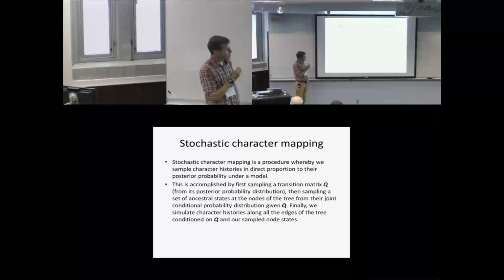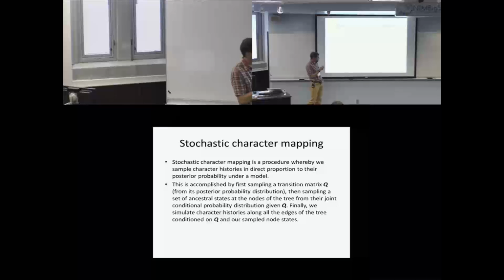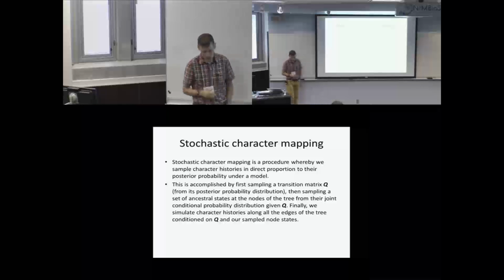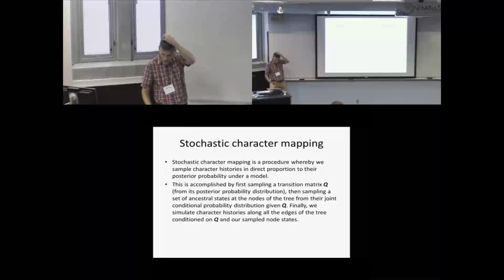Then we can sample sets of ancestral states using pre-ordered tree traversal, and then finally we can simulate the character histories of the edge by conditioning on the transition process and the nodes that we sampled from their joint posterior probability distribution in the previous step. Okay? And this is a popular ancestral state reconstruction method.